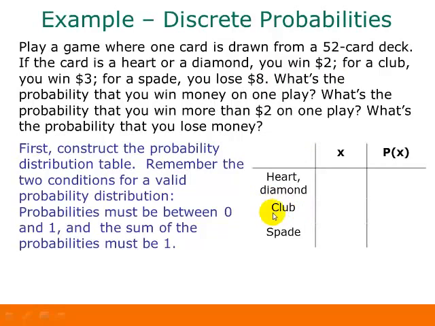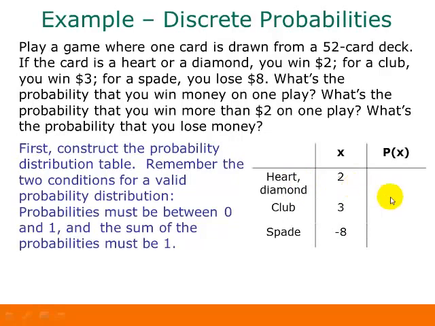Clubs has a different outcome, that's that you win $3, and spades has another different outcome in that you lose $8. So for our numerical outcomes, we're going to use the amount of money won or lost, and if it's a case where you're losing money, we're going to make that a negative number. So our numerical outcomes would be 2, 3, and -8.